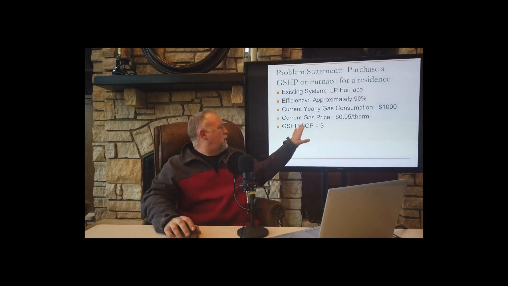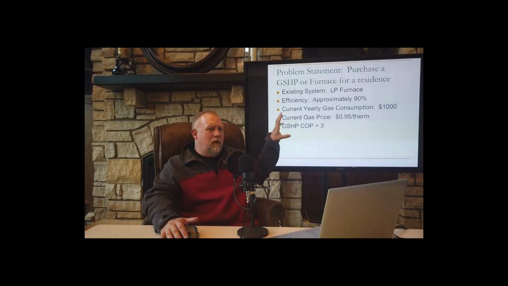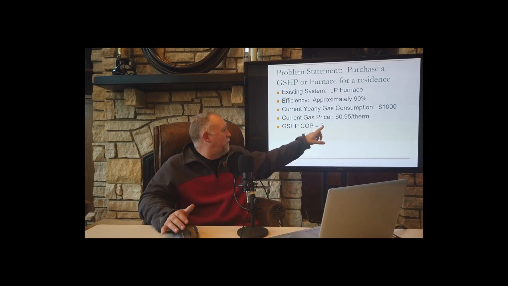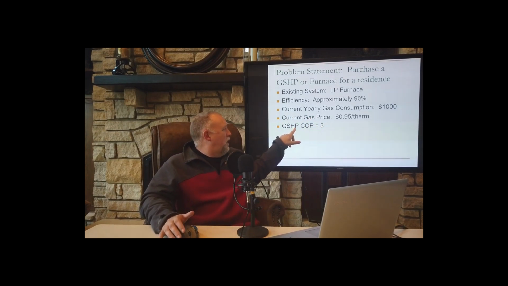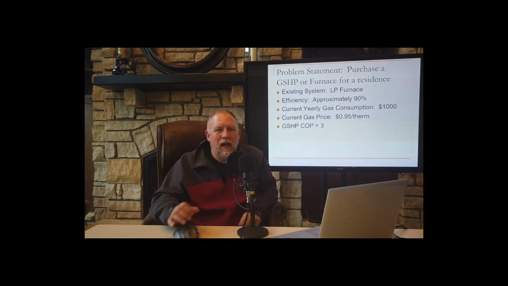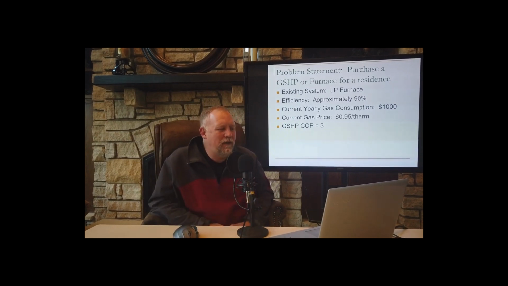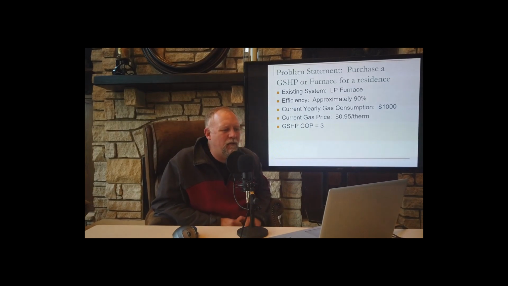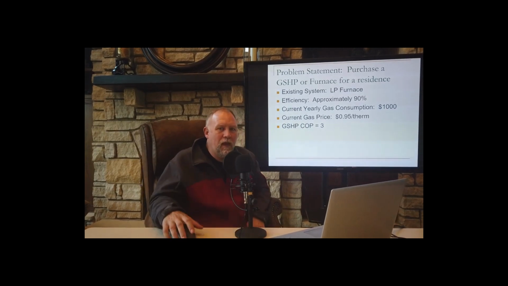We're going to figure out how much heat he needed to have in the house in just a second. After that, we're going to compare that to a ground source heat pump. I just assumed that the efficiency of the ground source heat pump would average a COP of about 3 in winter.